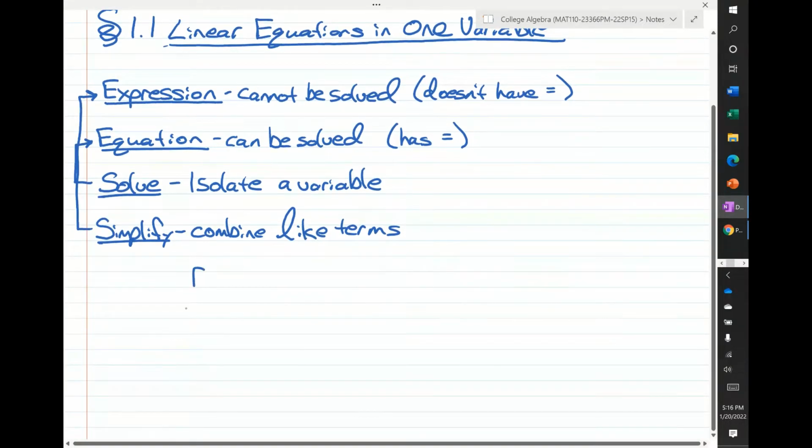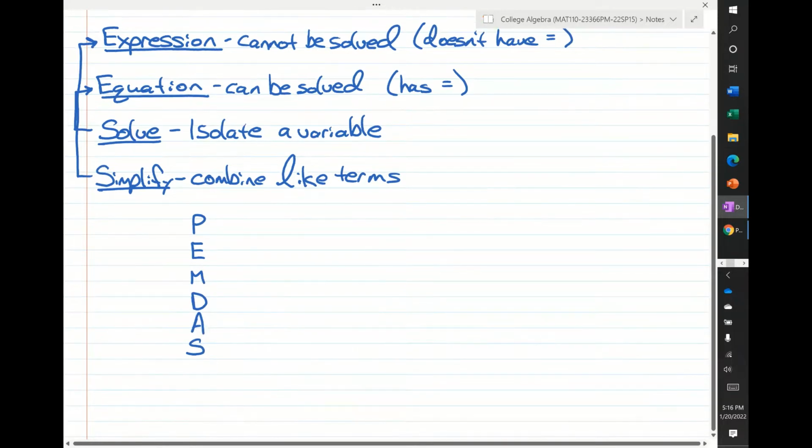Typically, when we're going to do these problems, we follow order of operations. You probably heard the acronym PEMDAS before. P stands for parentheses. E is exponents. M is multiplication. D is division. A is addition.